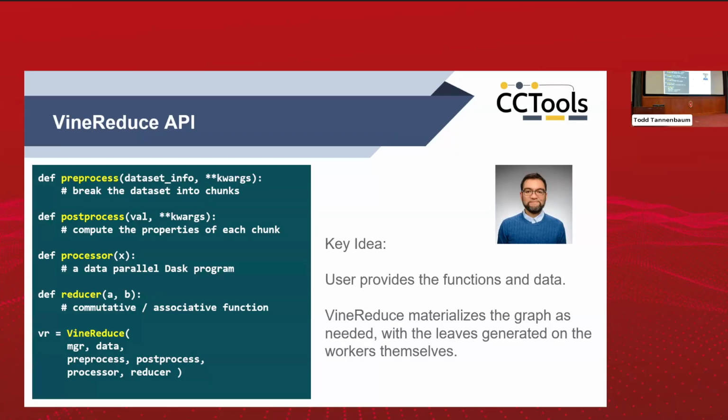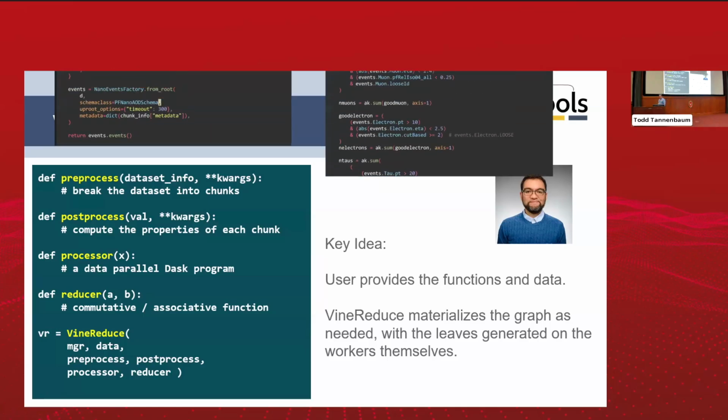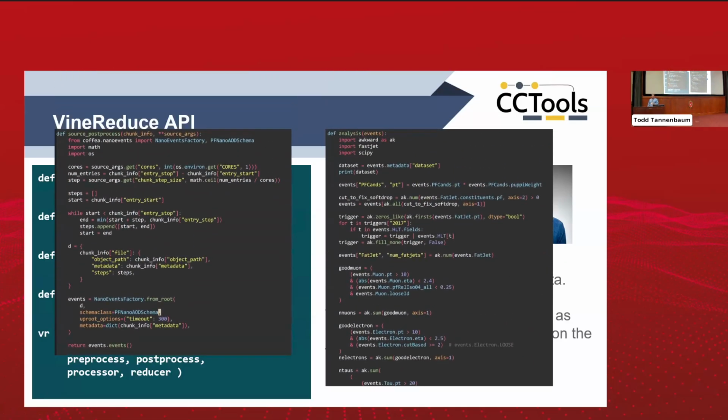The interesting thing is we're still going to use Dask in the processor part, on the part that goes on the local node, because Dask is awesome there, and we want to exploit that capability. We give all the pieces to VineReduce, and VineReduce materializes them as needed. That's a real application there, most of it anyway, just standard Python data structures.